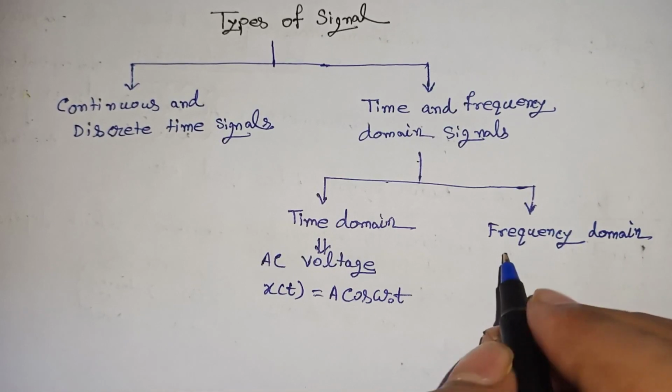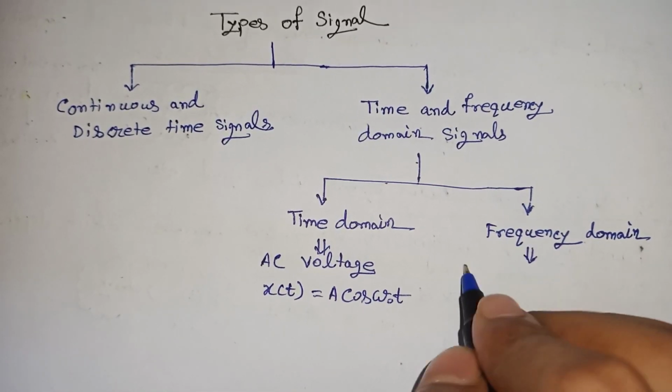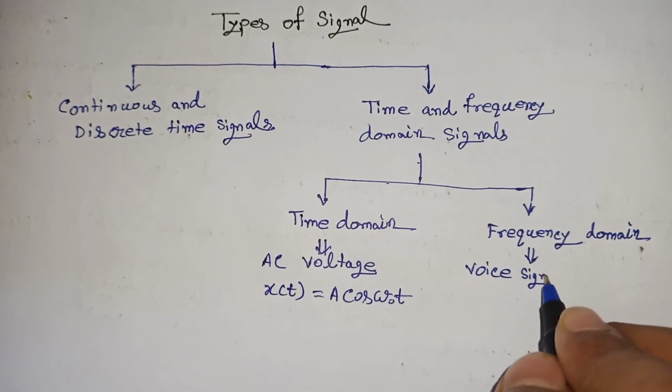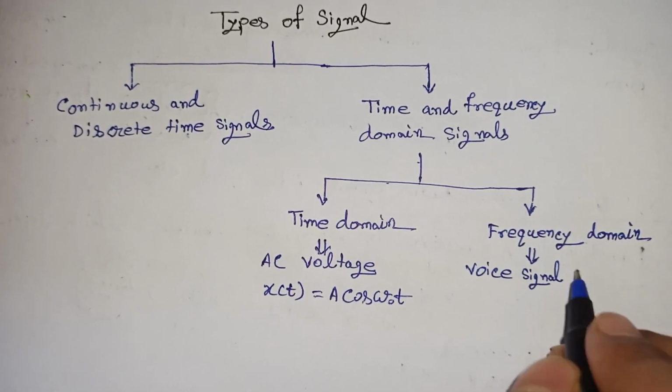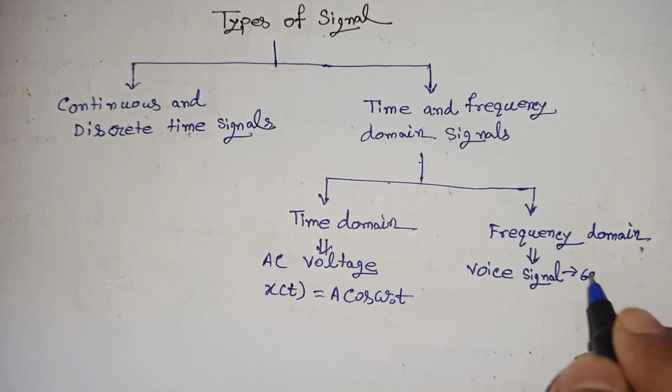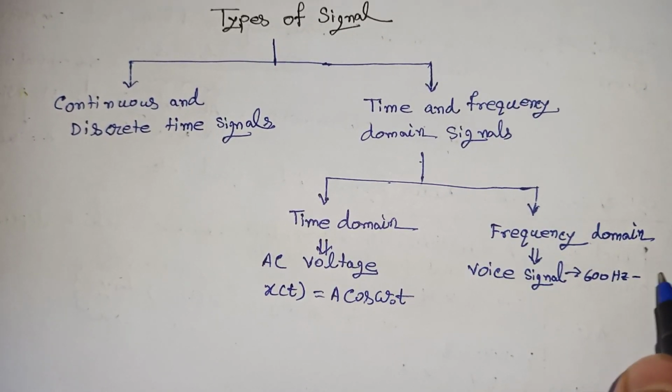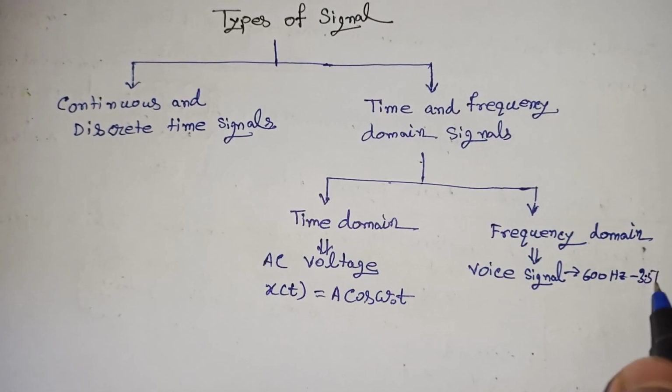And frequency domain signals are voice signal whose range is 600 Hz to 3.5 kilohertz.